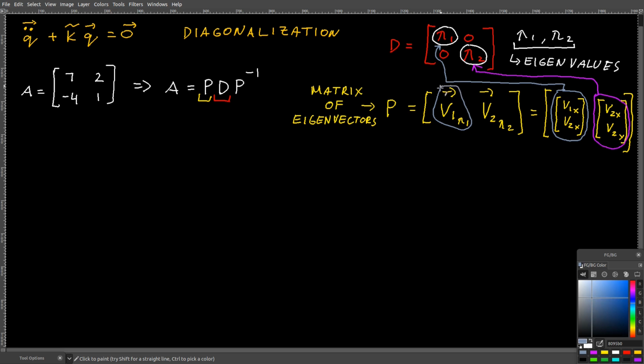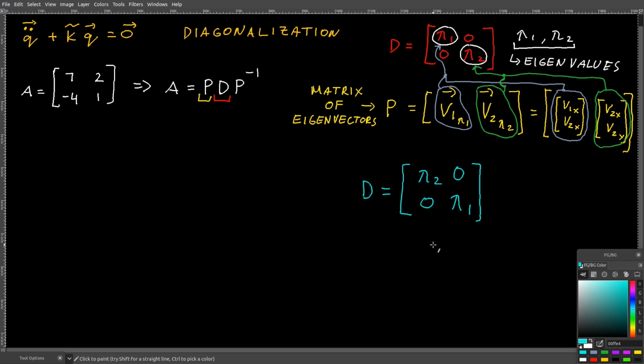So this eigenvector corresponds to this eigenvalue, and this eigenvector corresponds to this eigenvalue. Note that the order is important here. If your D was this one, so I switch the positions of the eigenvalues, I first have lambda 2 and then lambda 1, then that would mean that I would also have to switch the columns in the P matrix.